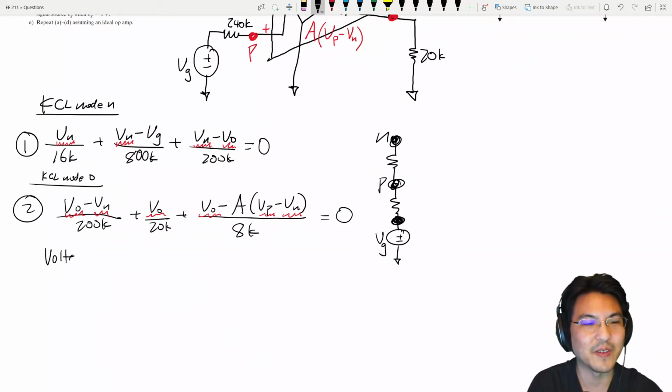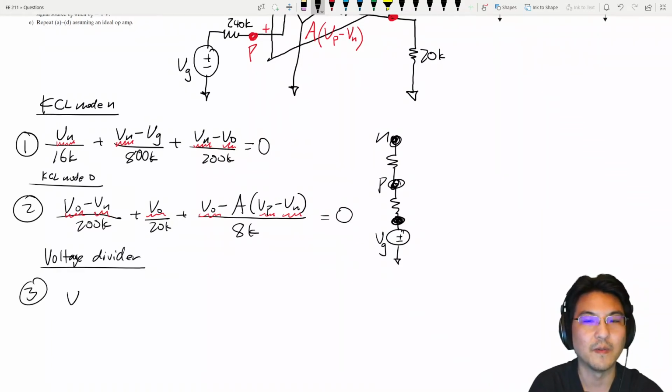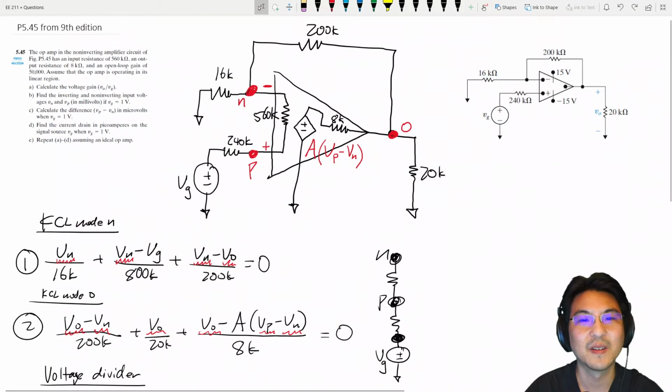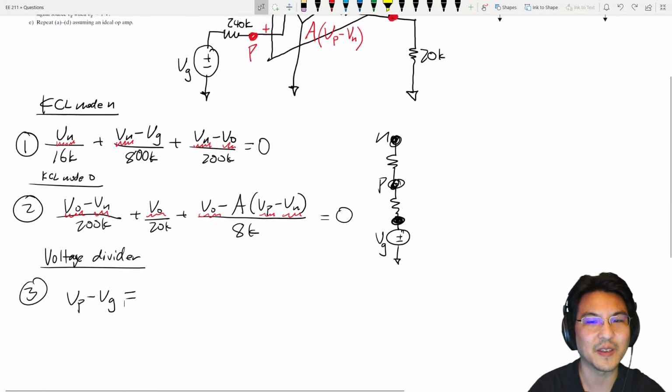So this is a voltage divider. All right, so I'm talking about right here. Vp minus Vg is this. Let me see what the numbers are. 560K, 240K.